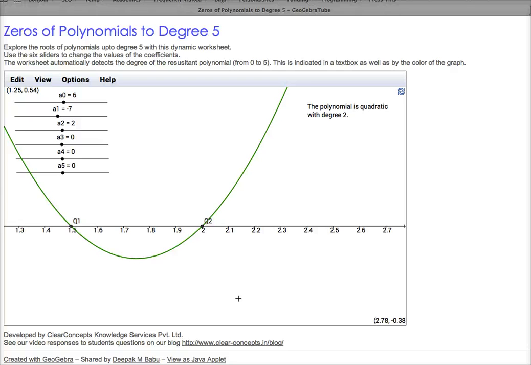It's going to be 3x squared minus 8x plus 6. Alright? So which means that a0 still equals 6, a1 must be minus 8, and a2, since it's 3x squared, must be 3. Okay, let me zoom in.